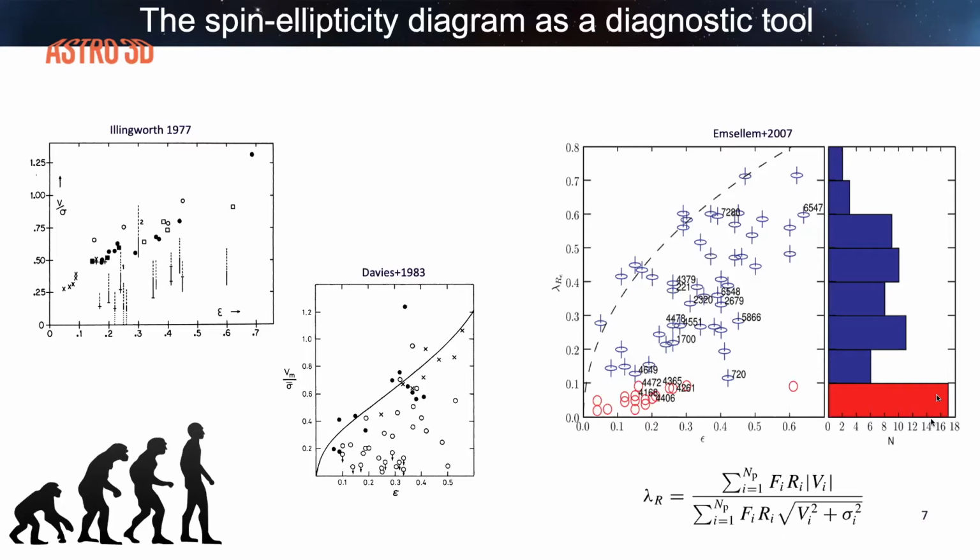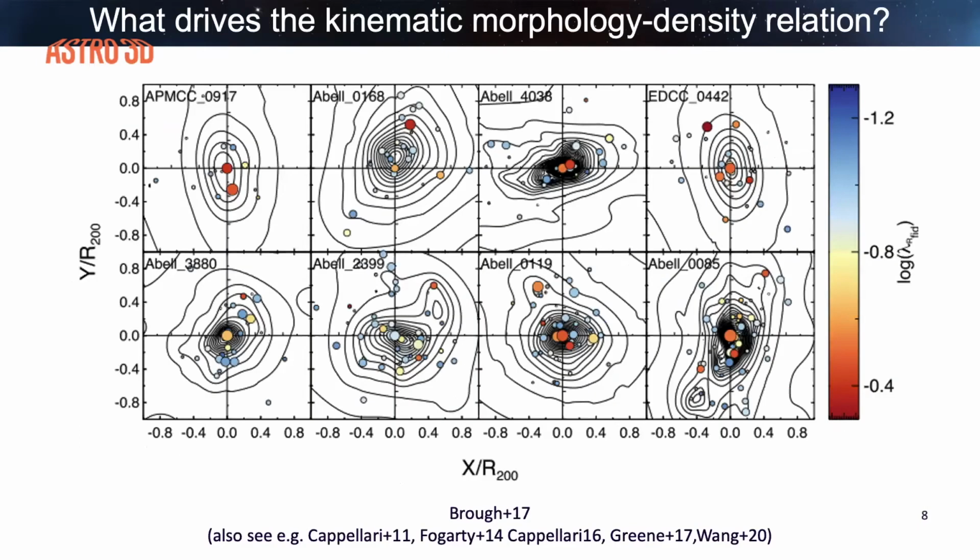So this is a thread that goes through a lot of this stellar kinematics community. And in the same way that we have the morphology-density relation, we also have a kinematic morphology-density relation. And I wish to emphasize at this point that the kinematic morphology and morphologies do not correspond one-to-one. Now, we love dichotomies in astronomy.